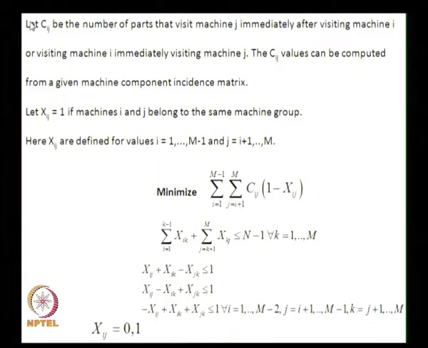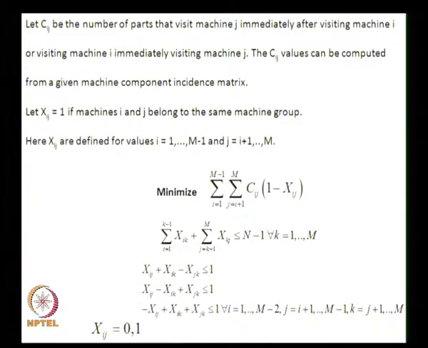We also saw some aspects of a mathematical formulation to solve this problem in the previous lecture. We define Cij to be the number of parts that visit machine j immediately after visiting machine i, or visiting machine i immediately after visiting machine j.